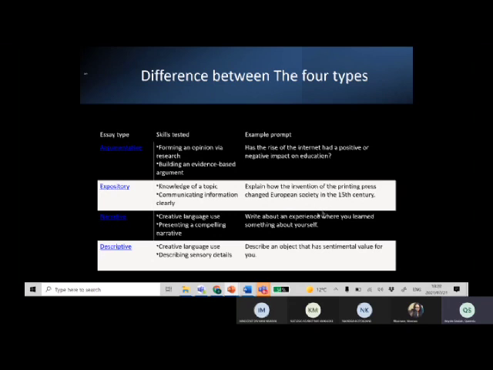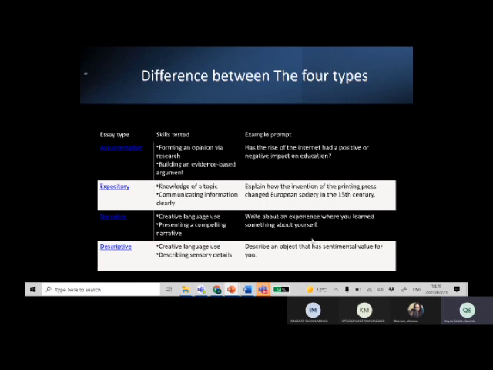Then the narrative essay usually has a lot of creative language, and that is why this is mostly used in journalistic writing, because you need to use a lot of creative language, presenting a compelling narrative. So are you able to actually present a compelling narrative?